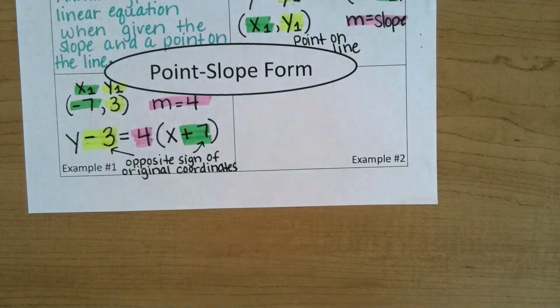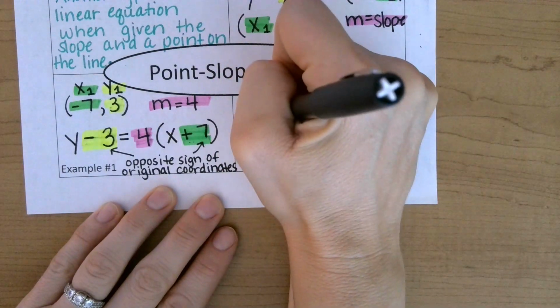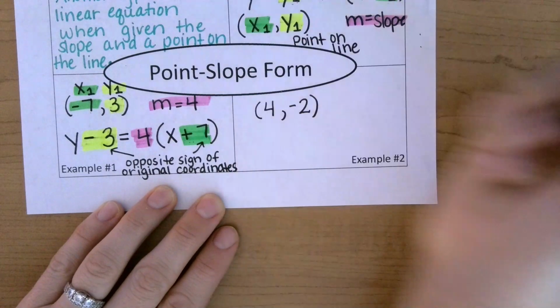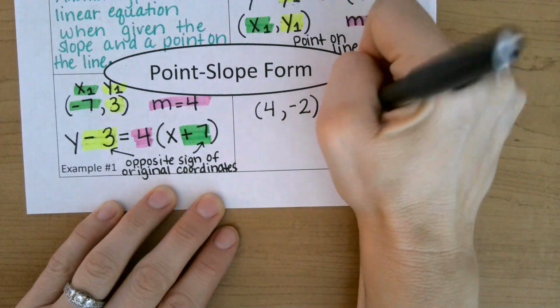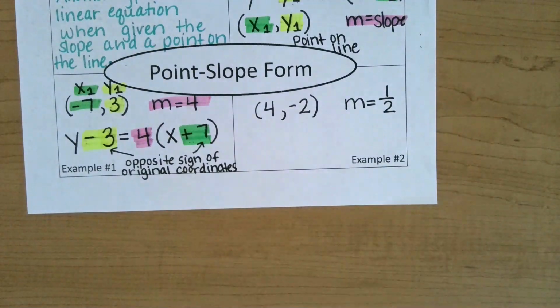All right, and then just one more example, another ordered pair. Let's say we have 4, negative 2, and m equals 1/2. So what do we always write first?